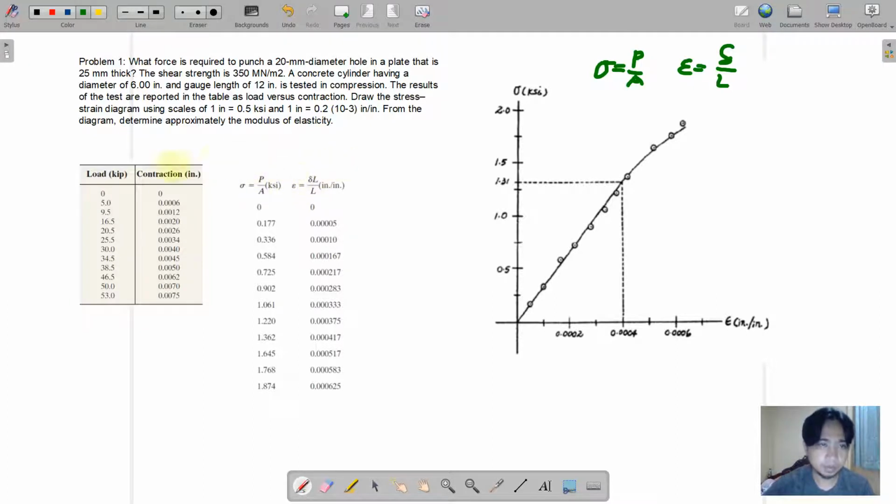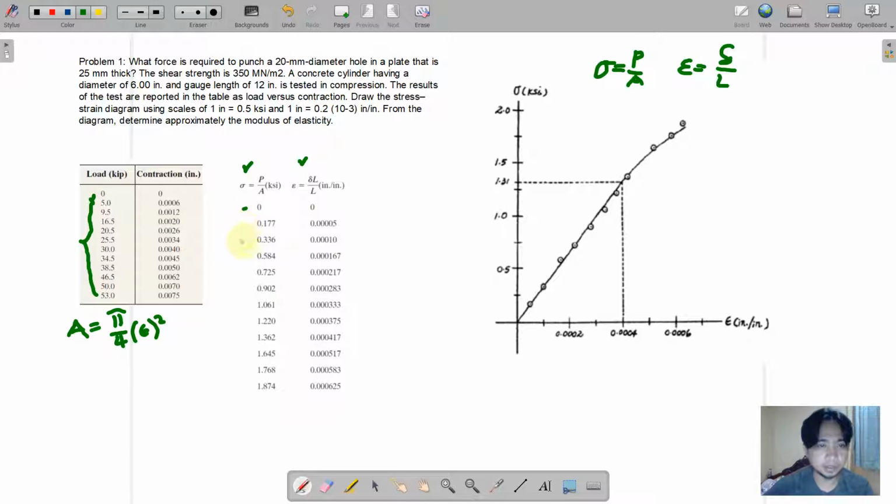So first, from this load and deformation, the strain and the stress were derived. So all of the values here were divided by the cross-sectional area of the cylinder. So take note that we have here a circular area equivalent to pi all over 4 times diameter squared. So the diameter here is 6 inches. So this is the divisor for these values to come up with the stress.